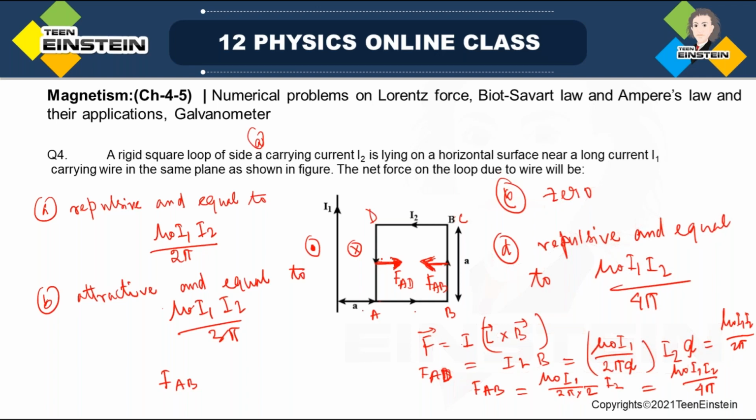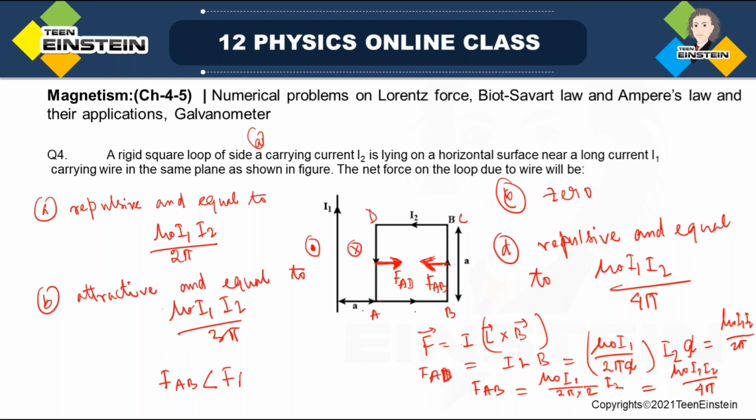So there will be a resultant force between FAD and FAB, a net force. FAB is actually less than FAD, that's why there will be a net force.